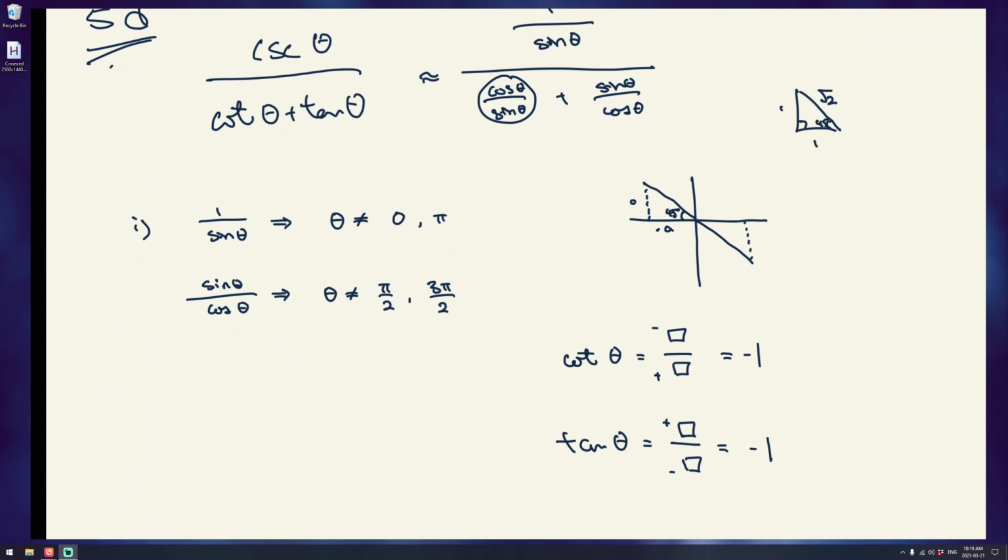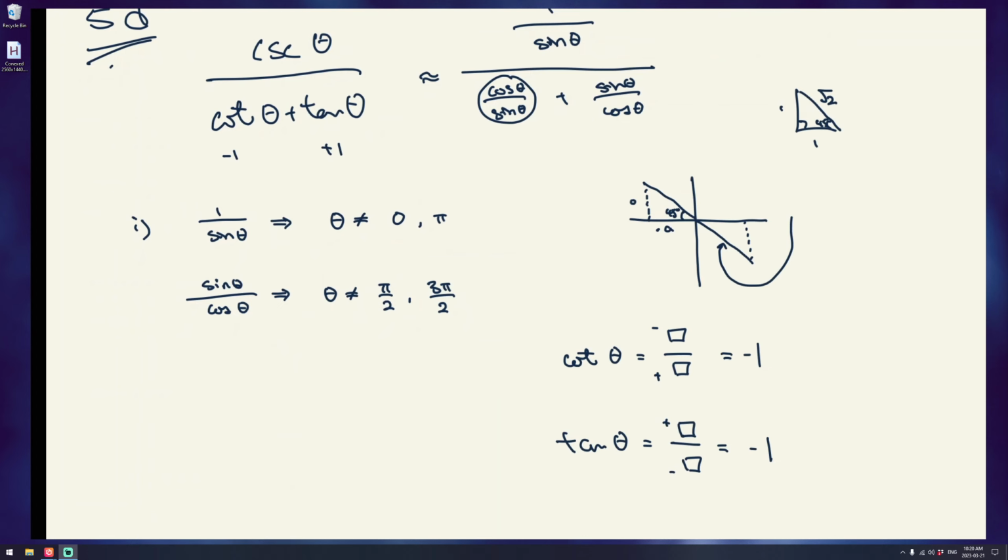Okay? So what's interesting is you can never use a theta value to make cotan and tan equal different values of 1. You can't have a theta that makes cotan -1. You can't have one that makes tan +1, right? And vice versa. So that means this case will never happen as well. So I'll leave as an exercise for you to check this one.